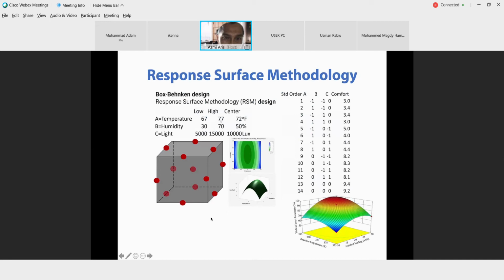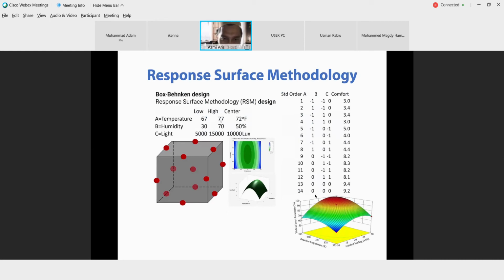So for three variables, they have different values, which are given by the software, and from there they run the experiment in certain orders, and they will cover a certain aspect of the experimental region, and from there they will be able to have these plots, 3D surface plots. And this is a much better approach than the one factor at a time.